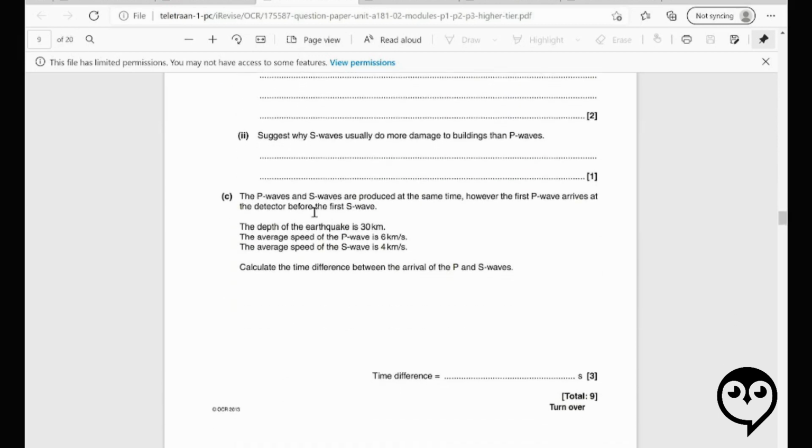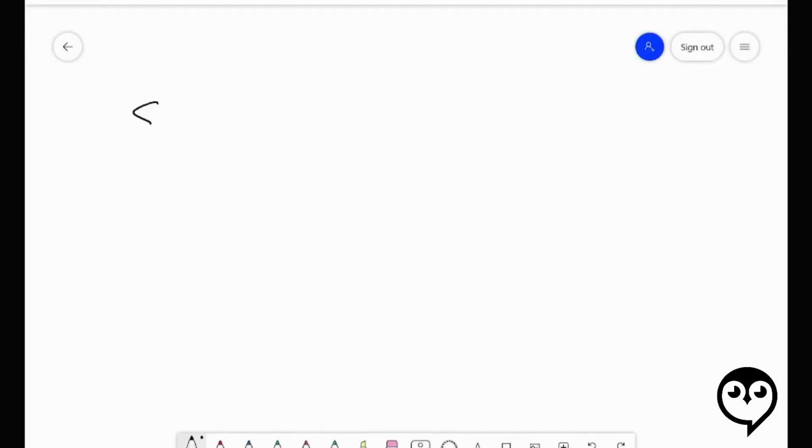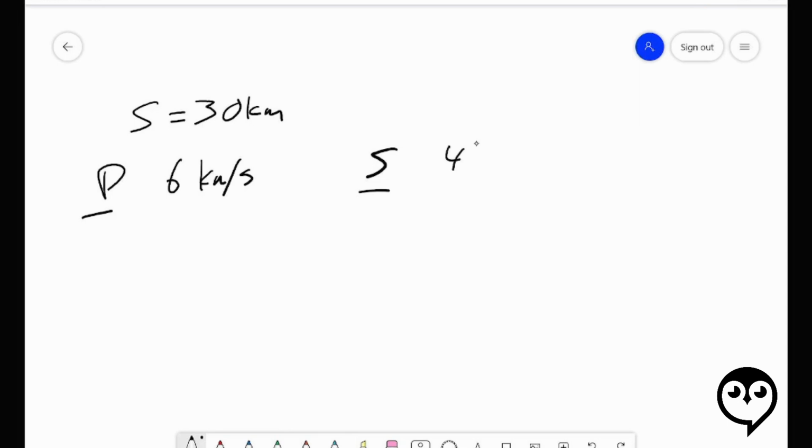And P and S waves. P waves arrive first. Yeah, we know that because they travel faster. That's why they're the primary waves, and the S waves are the secondary waves. Calculate the time difference. Okay, so the distance is 30 kilometers. I think the P and the S had different speeds. P waves were faster, so I'm pretty sure that would have been the 4, the one that I saw.